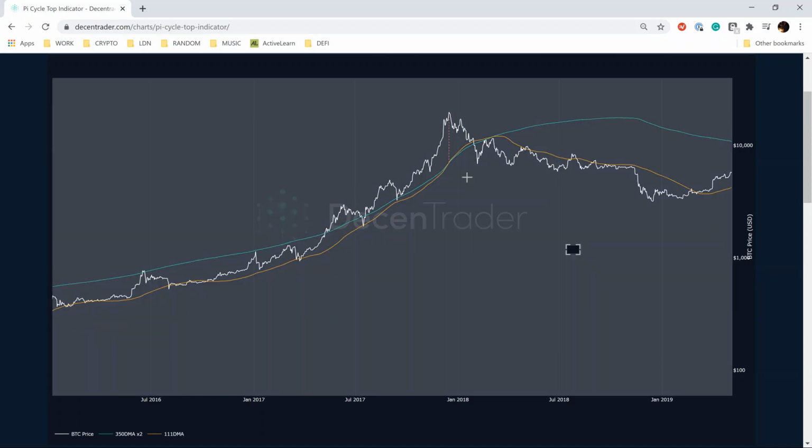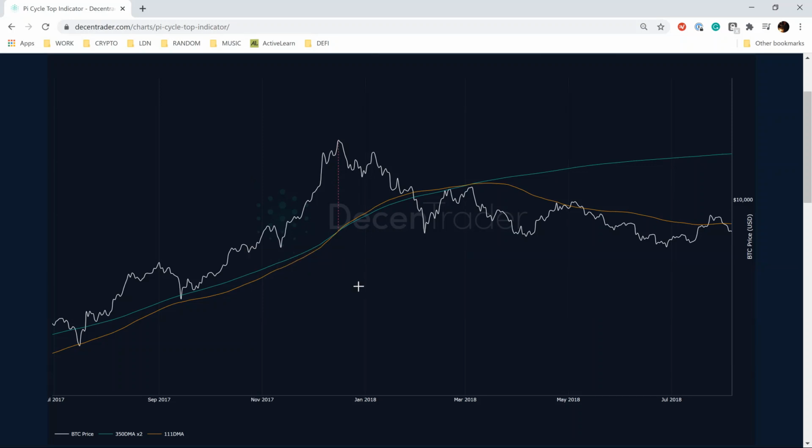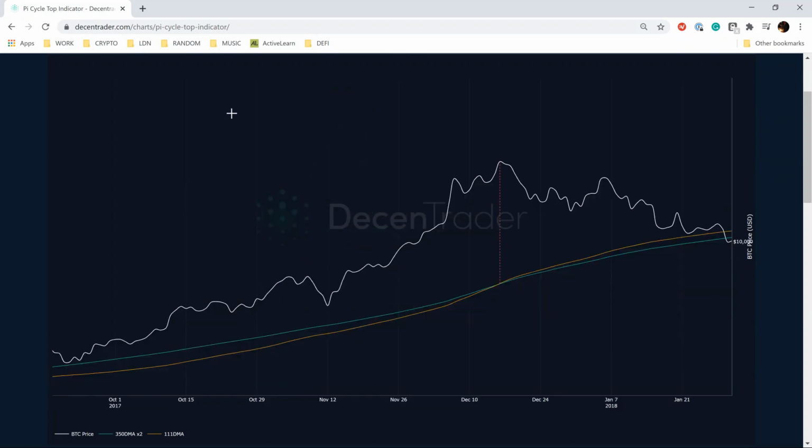And in fact, if I zoom right in, you'll see that last cycle when these two crossed, it picked it out to the day. These two lines crossed on 16th of December 2017.